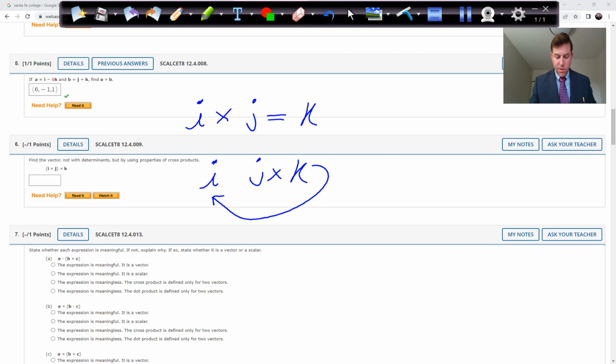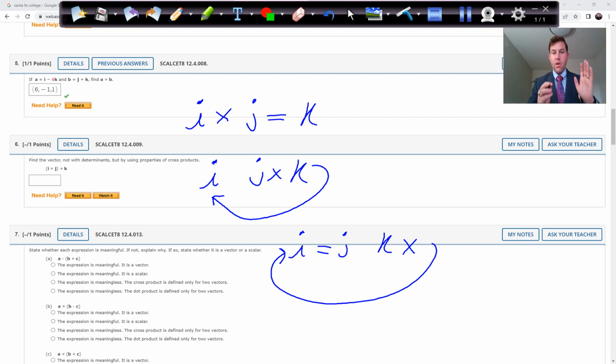And the last one you can do is k cross i, and that will give you j. So if you write it in alphabetical order, i, j, k, and you move the cross product from left to right, you get the other letters. So i cross j is k, j cross k is i, and k cross i is j.